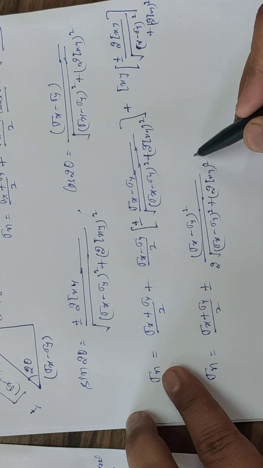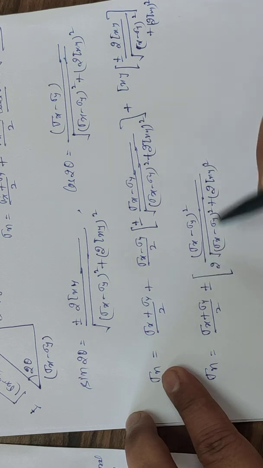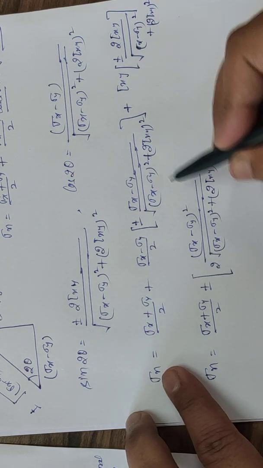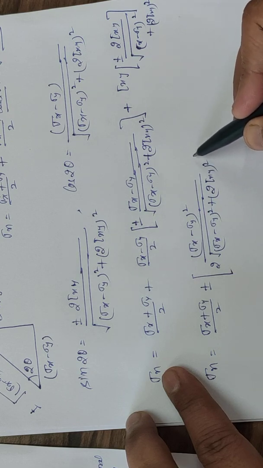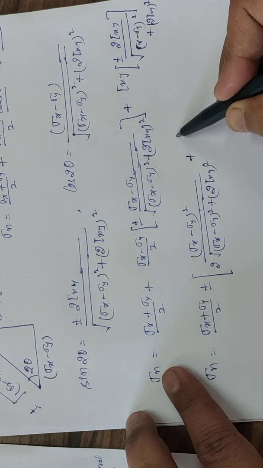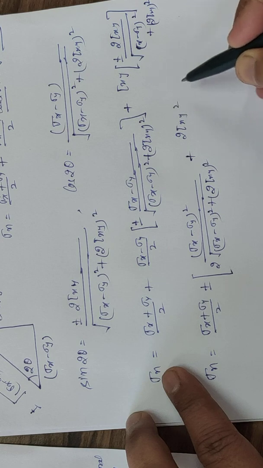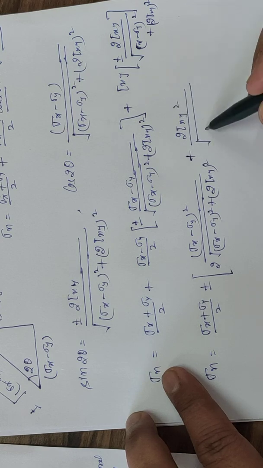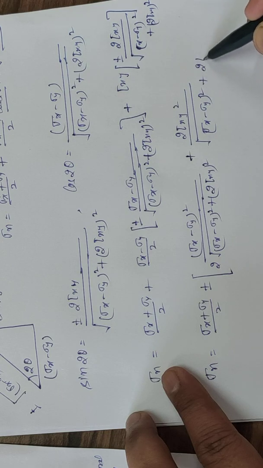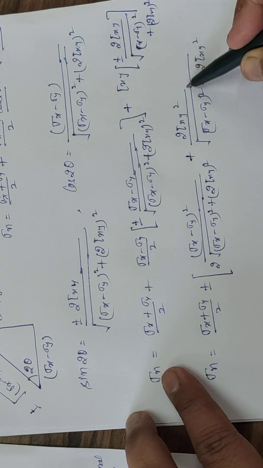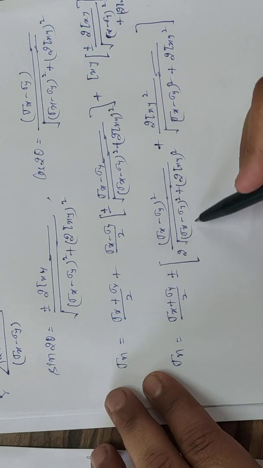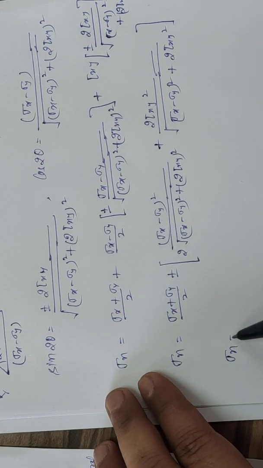Okay. Then inside the bracket we will have plus minus, we have taken common, then plus (2 tau xy) whole square, divided by (sigma x minus sigma y) whole square plus (2 tau xy) whole square. Okay. This part is common.